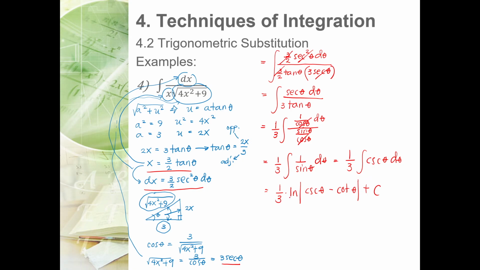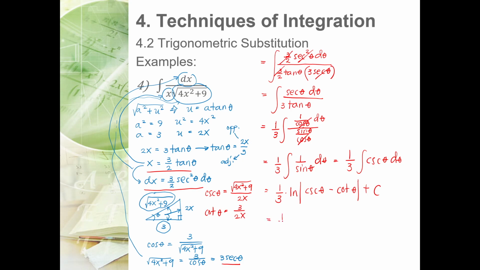Before getting the final answer, again we go back to the right triangle and identify the cosecant and cotangent terms. Cosecant is hypotenuse all over the opposite side, so that's the square root of 4x squared plus 9 all over 2x. Then cotangent is adjacent all over the opposite side, so that will be 3 all over 2x.